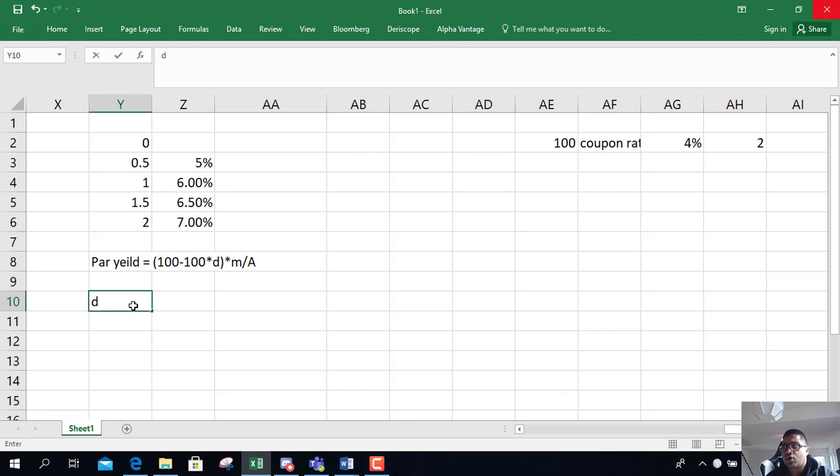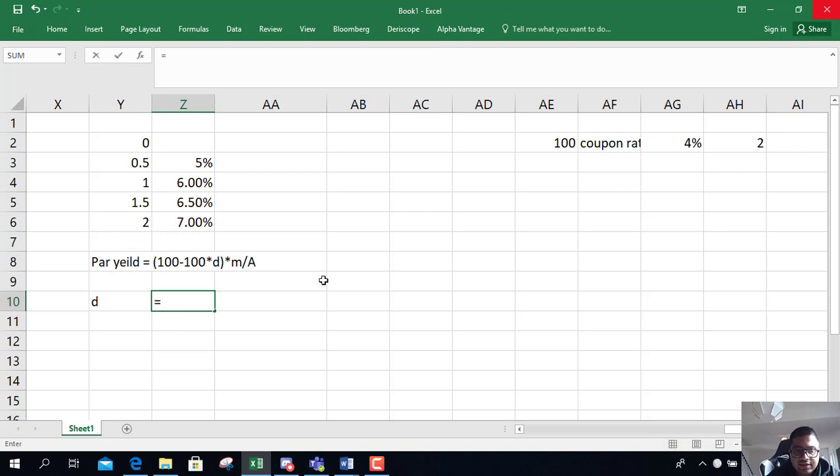D is always the discounted value of $1 by the maximum period given. So that is 2 in this case.